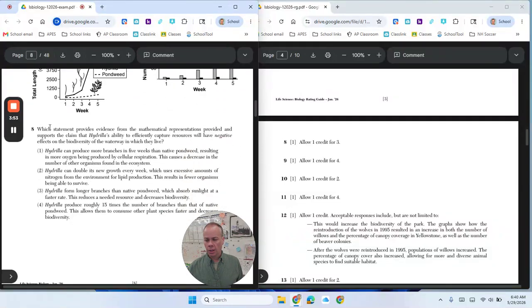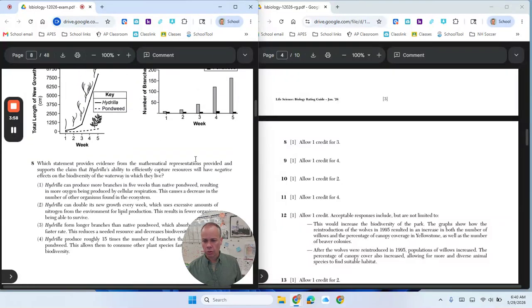Then we read question number 8: which statement provides evidence from the mathematical representation? The graphs are mathematical representations. So which statement provides evidence from the graph that the claim that hydrilla is able to efficiently capture resources will have a negative effect on biodiversity of the waterways in which they live?